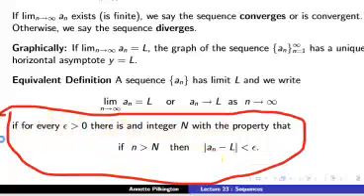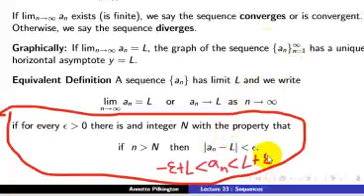For every epsilon there exists an integer such that all integers bigger than this number imply, so if you expand this one here, you get something like this.